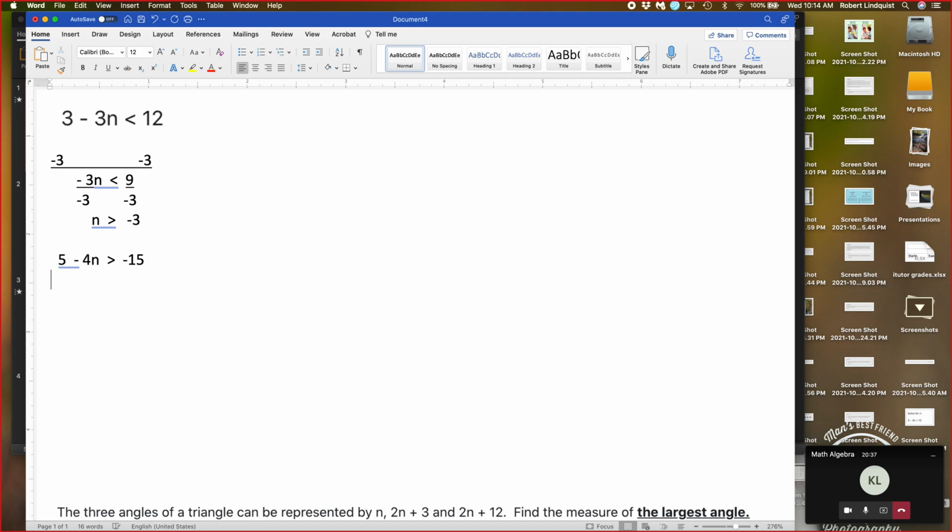In an effort to save time, I'm going to write the first step because I think everybody will do the same first step.